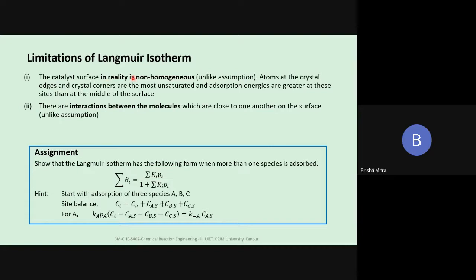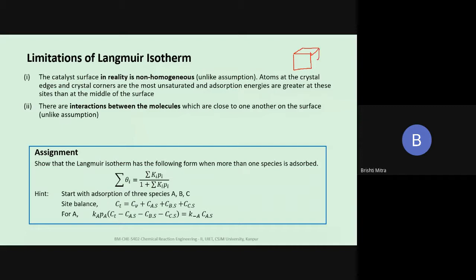In reality, a catalyst surface is non-homogeneous in nature. When the catalyst surface is non-homogeneous, the atoms at the crystal edges and crystal corners are the most unsaturated, and adsorption energies are greater at these sites than in the middle of the surface. So what are we talking about? Suppose I have a crystal like this, a cubical kind of thing.